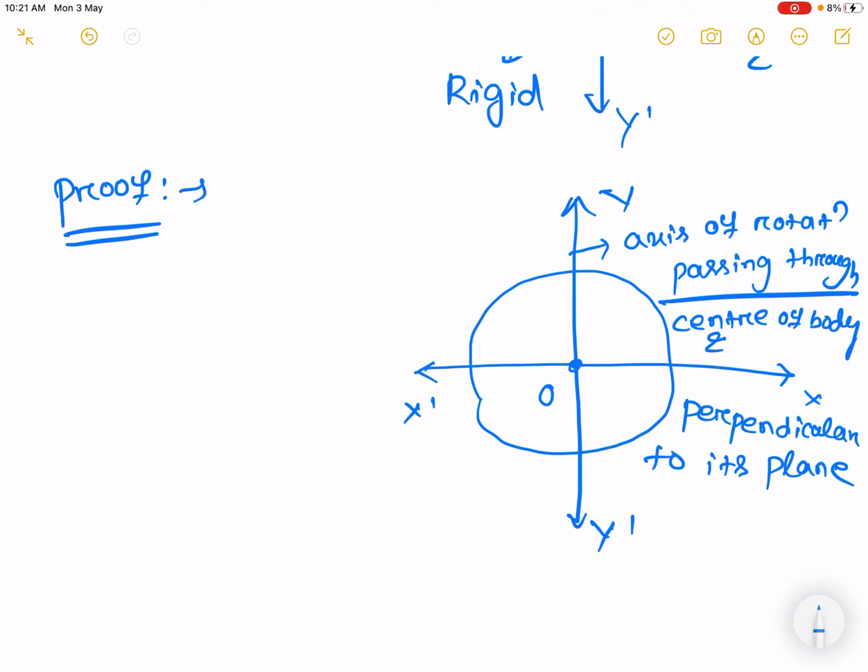So in order to discuss the formula of Iy, first we will take a particle. Let one particle be P situated at distance y.